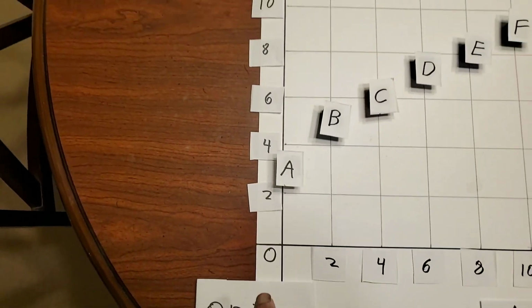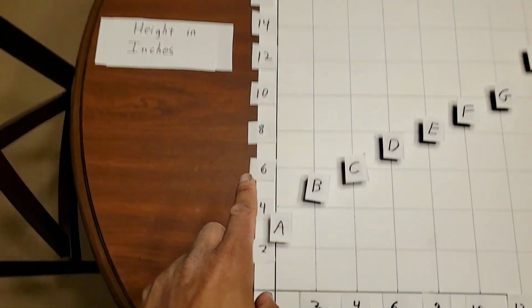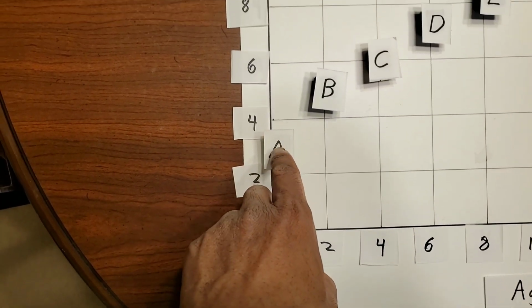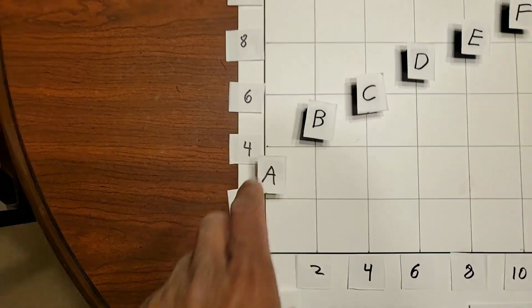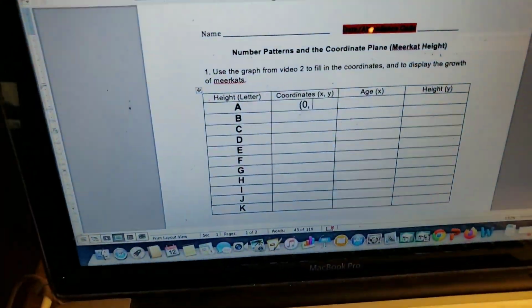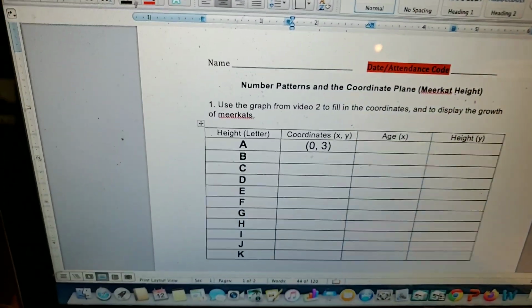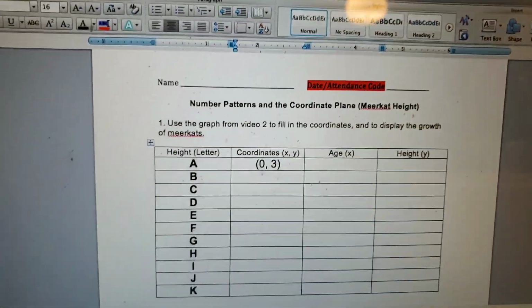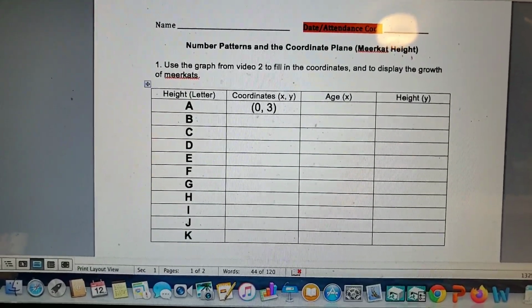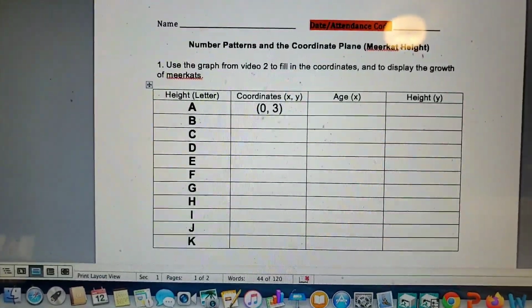And where does it fall on the y-axis? Y-axis is right here. It falls between 2 and 4. What number is between 2 and 4? 3. So on the y-axis, we're going to write 3. So that is the coordinates for A. A is at 0 on the x-axis and 3 on the y-axis.